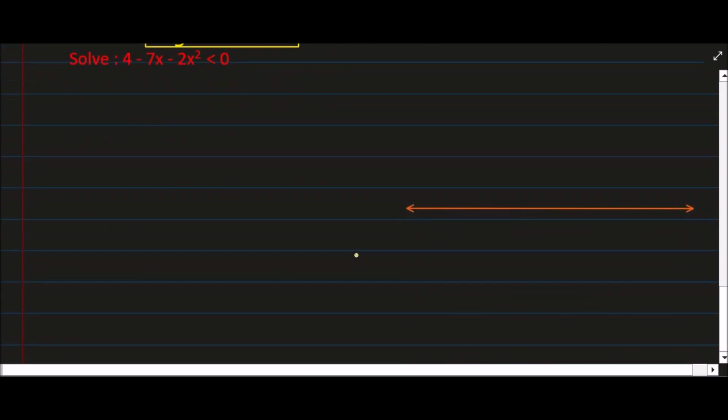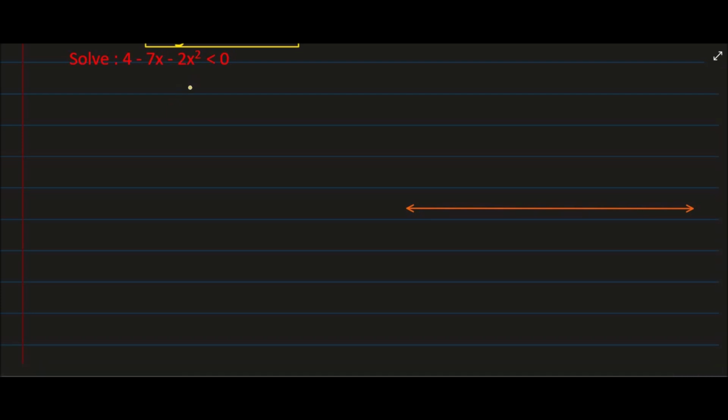Now the fourth example. This is given in another form: 4 minus 7x minus 2x square. So first of all, we will rearrange the terms. So let's rearrange. Plus 4, that is equal to 0.